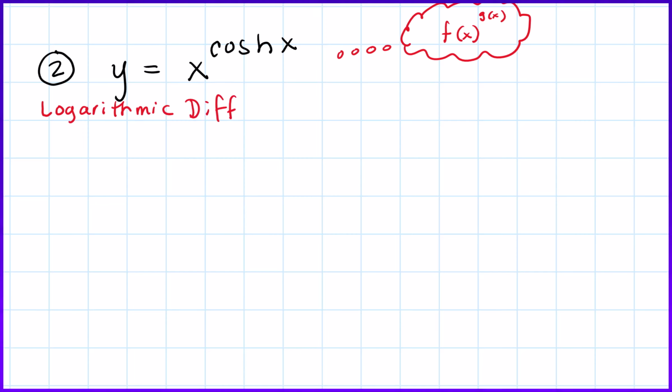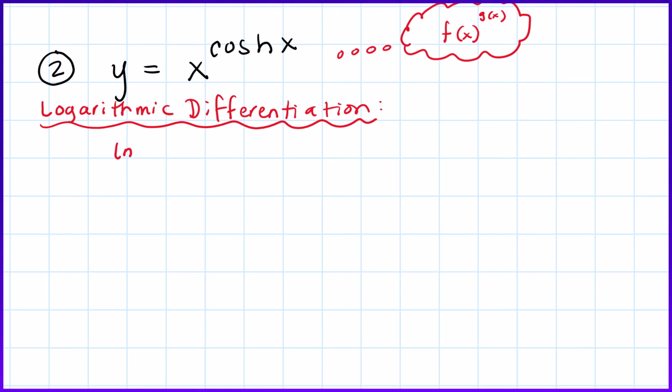This is a good review of that process from Calc 1. The gist of logarithmic differentiation is that we introduce a log. I'm not going to lecture on that process, I'll just remind you of it as I go through the example.